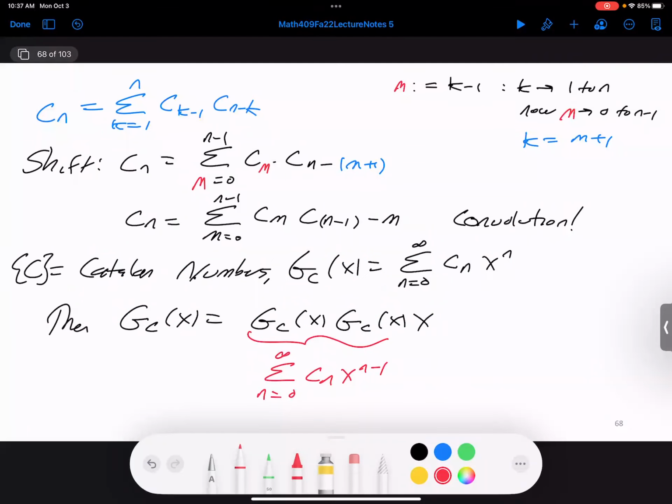But when we start looking at this and trying to match things, well, what would happen if we take C0 to be 1? It's the issue with C0. So we would want C0 is the sum, k goes from 1 to 0, oh wait, of C k minus 1, C 0 minus k.